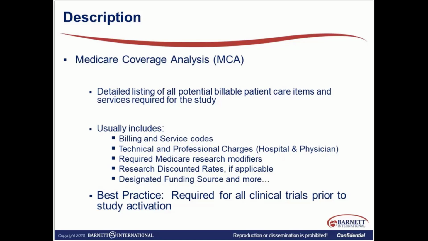A lot of organizations will take their institutional charge master and create a research charge master, which is usually the institutional charge master discounted down, applying a certain research discount rate that your institution decides on an institution-by-institution basis. And then the last thing it should include is the funding source: who is the sponsor of that particular study, and any other information that is pertinent for your organization.